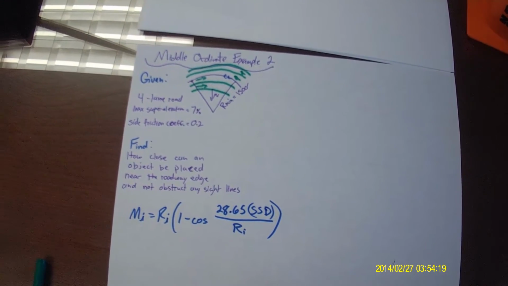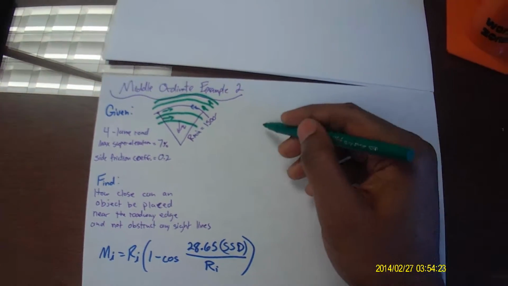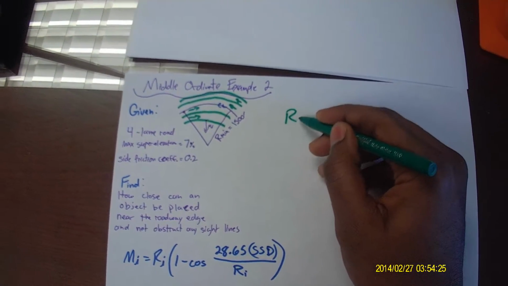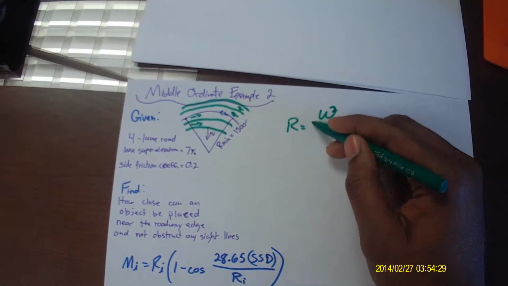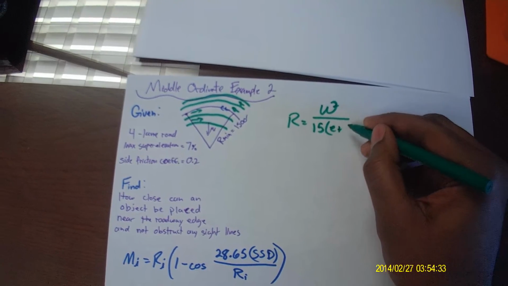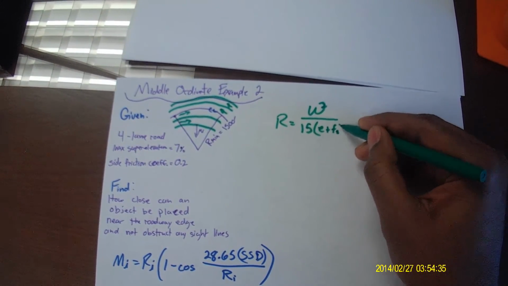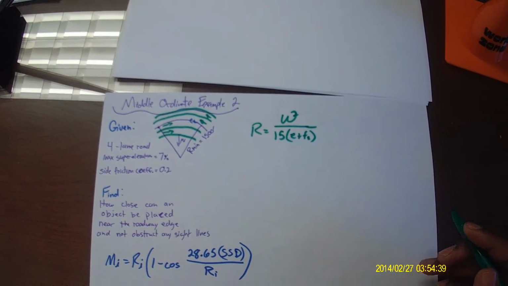Well, what we know here is that R min is equal to our speed squared divided by 15 times the super elevation plus the coefficient of friction. This would be good practice for the test because there are different ways you can ask questions like this.